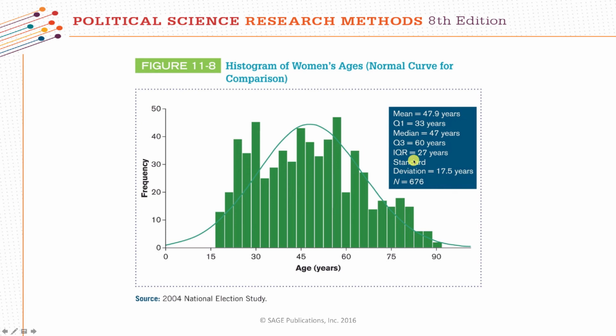So the average age is 47.9. The median is 47. That tells you right there the mean and the median are very close, which tells you this is very likely a normal distribution. The interquartile range is 27 years, so 33 to 60, and the difference there is 27. The standard deviation is 17.5.